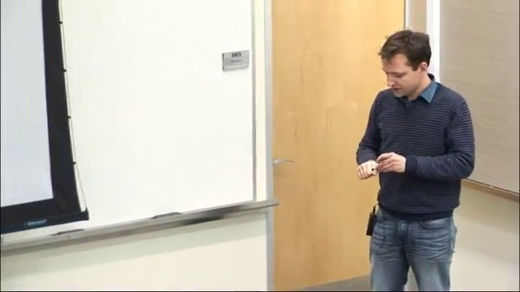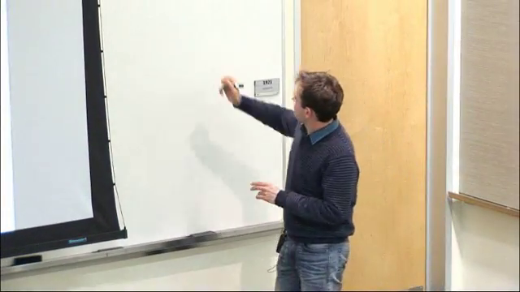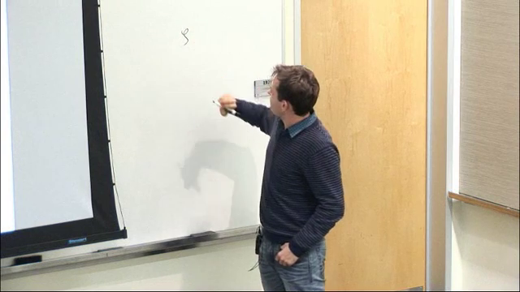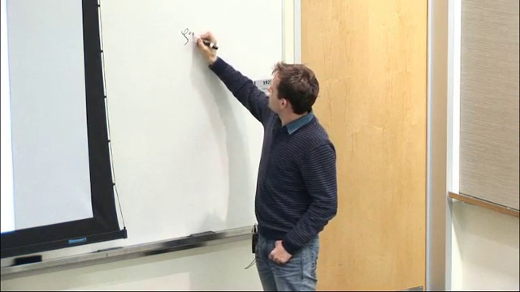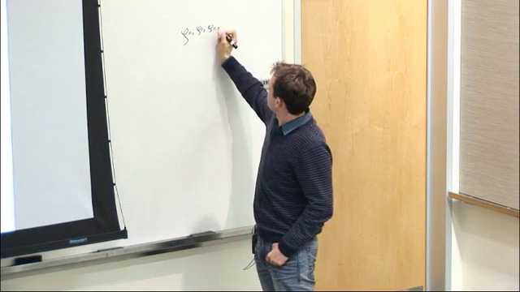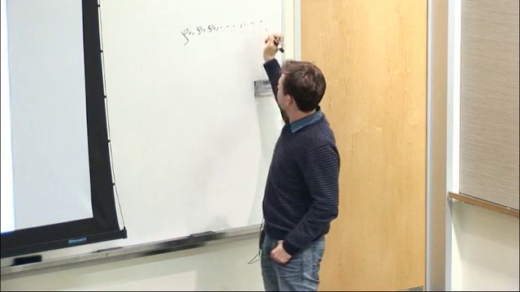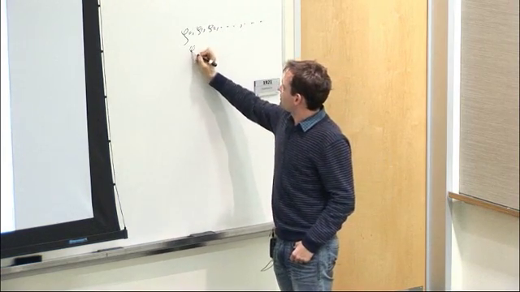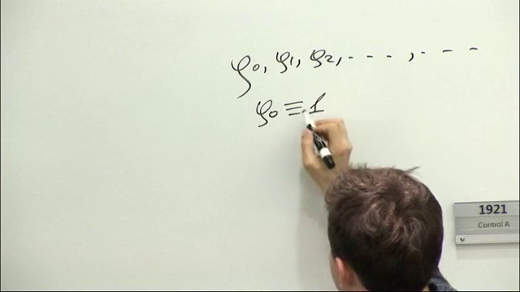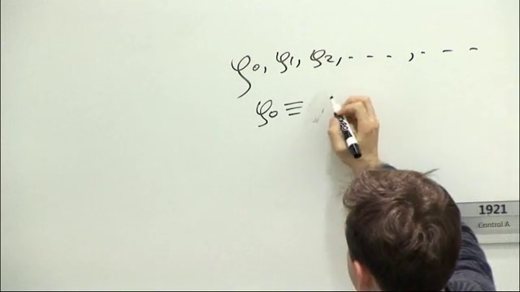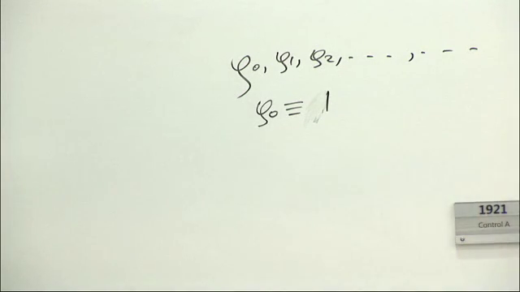So we have the Fourier decomposition. Suppose that we have a Fourier basis phi 0, phi 1, phi 2, etc., an infinite Fourier basis. And let's assume that phi 0 is the constant function, so it's equal to 1, right?